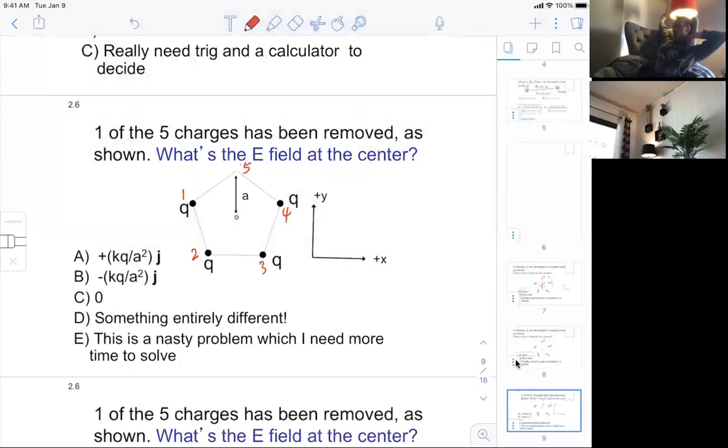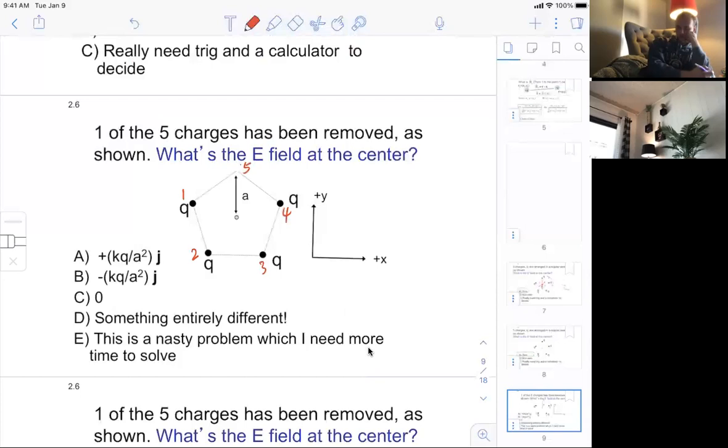Okay, let's take a look at this together. So here are our results. It seems we all agree there's something we can calculate. We only really differed in terms of our direction, whether it's plus or minus j hat.